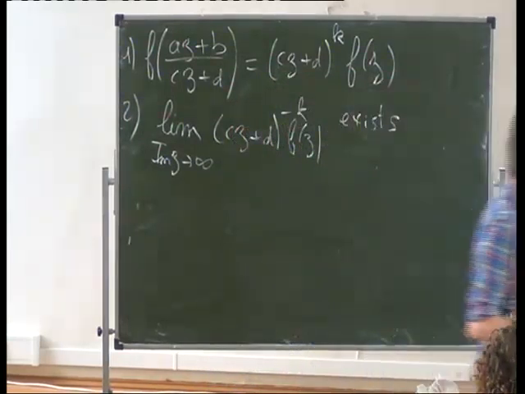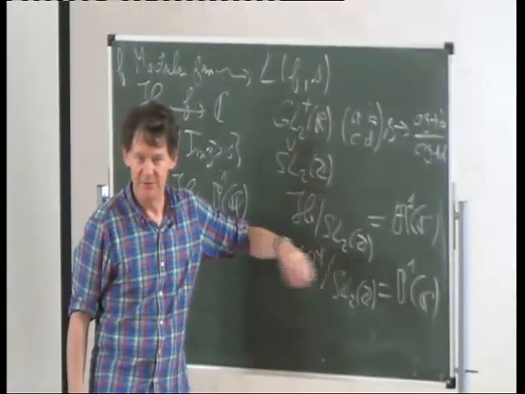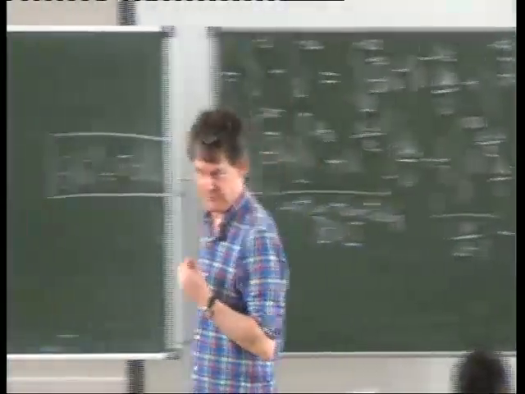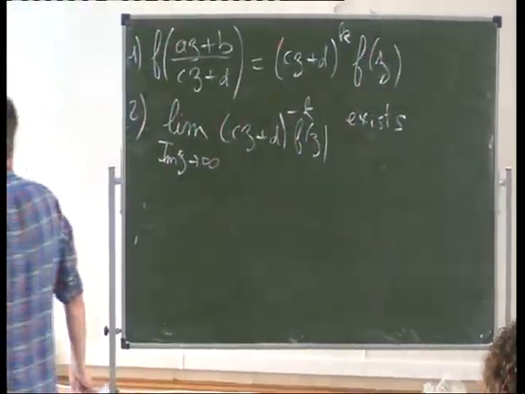This is essentially a condition that says that when you go to the point of the boundary of the Riemann surface, it converges to some value. So you can extend holomorphically to the whole Riemann surface.